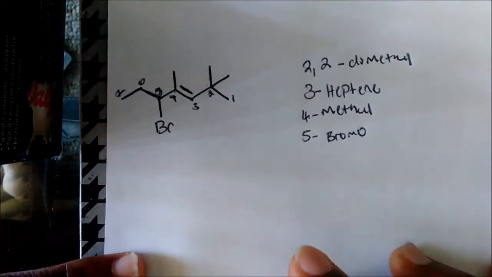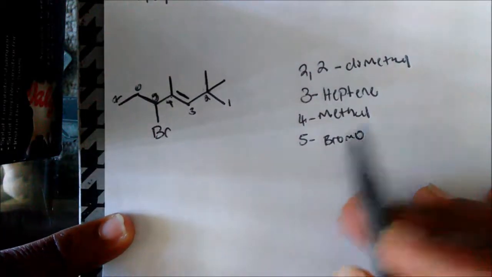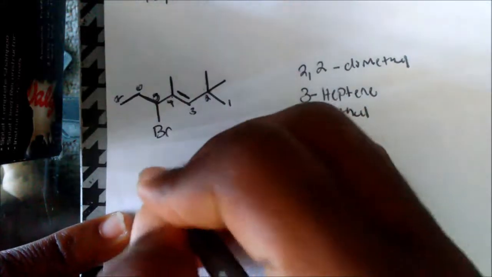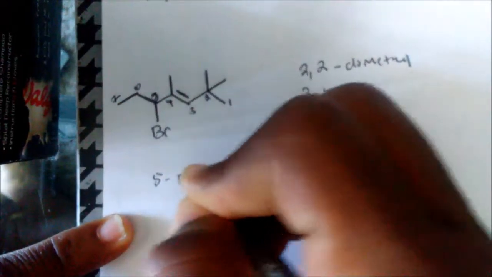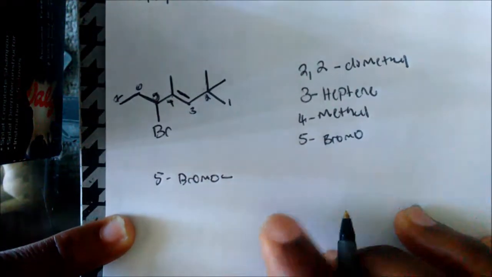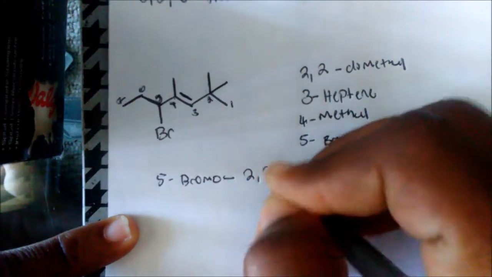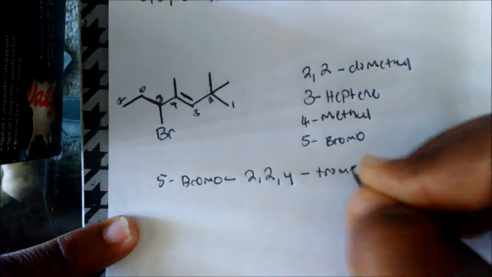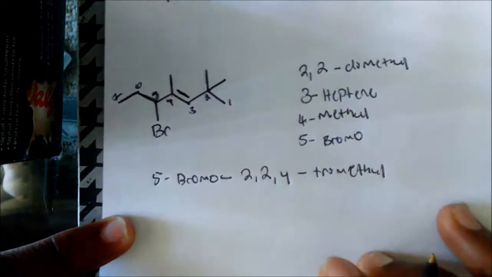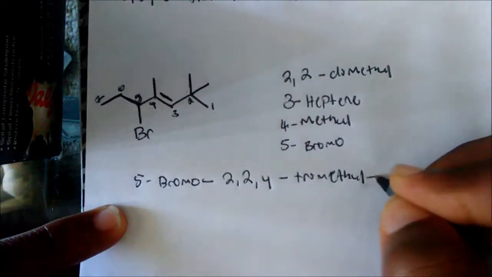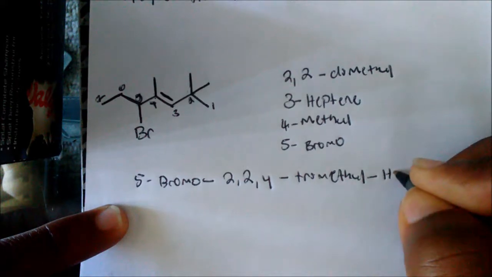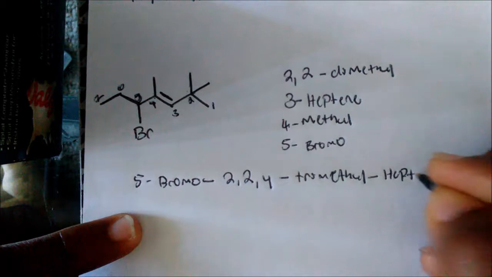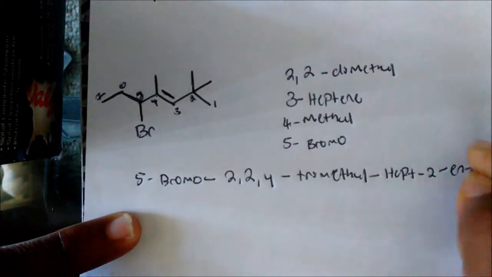So squashing everything together, well, B always beats M in the alphabet. So this would be 5-bromo-2,2,4-trimethyl, because we have 3 methyls, hept-3-ene.